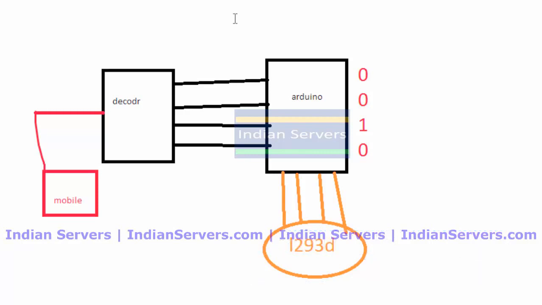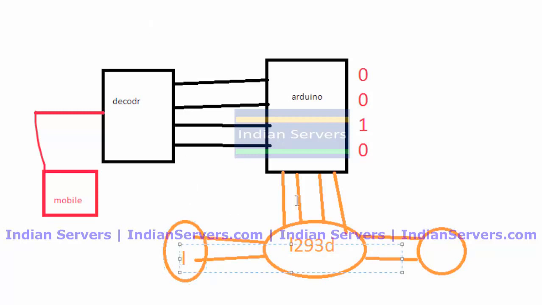So to the output of the driver we are going to connect two motors. This is my right motor and this is the left motor. So this is the simple block diagram for the mobile operated robot.